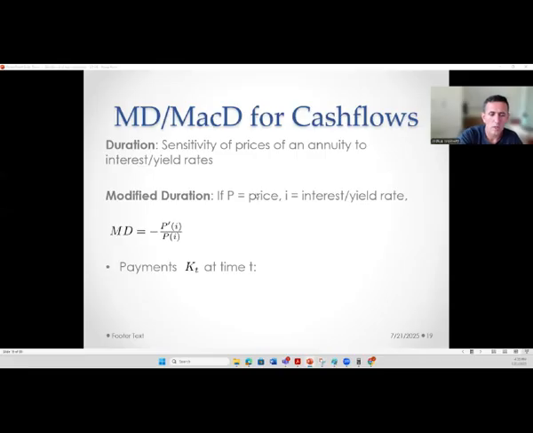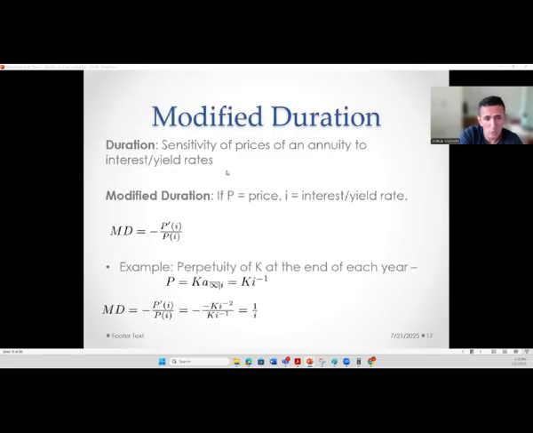Okay, so we have looked at a bunch of formulas for modified duration, and subsequently Macaulay duration. Whether you memorize these formulas is up to you. I personally wouldn't. For example, I would just remember modified duration is minus P prime over P. You kind of have to memorize that. There's no way around that.